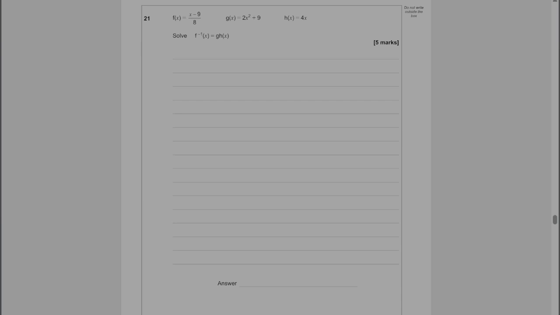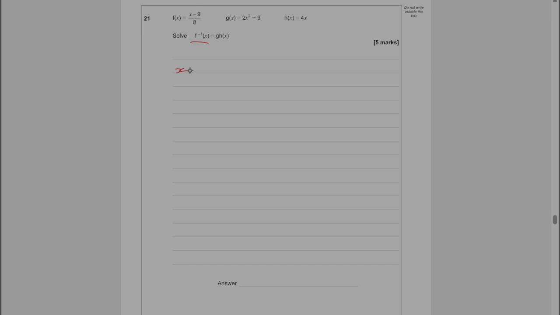Okay, question 21. The function f of x is equal to 9 minus x minus 9 divided by 8, and g of x is equal to 2x squared plus 9. H of x is equal to 4x. Solve. Okay, so I'm going to do f to the minus 1 of x first of all. So I'm just going to switch my x and my f of x over and then rearrange.